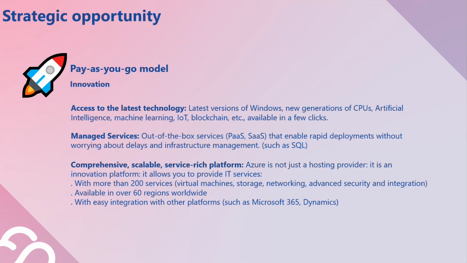Those enable rapid deployment without worrying about delays and infrastructure management. SQL is another good example for platform as a service and software as a service. You can just deploy the platform and the software and not be busy with the infrastructure. You can do that too.